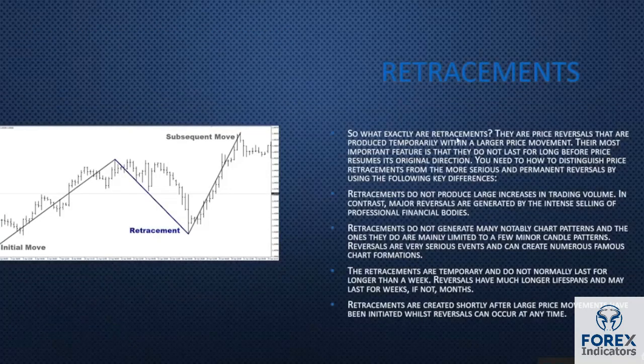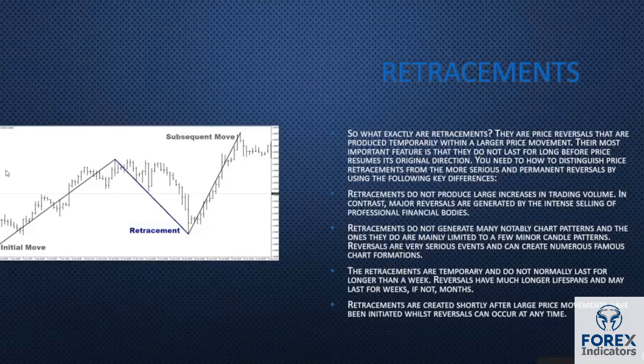So what exactly are retracements? They are price reversals that are produced temporarily within a larger movement. Their most important feature is that they do not last for long before price resumes its original direction. You need to know how to distinguish price retracements from the more serious and permanent reversals.